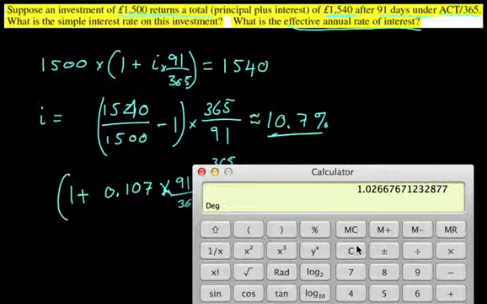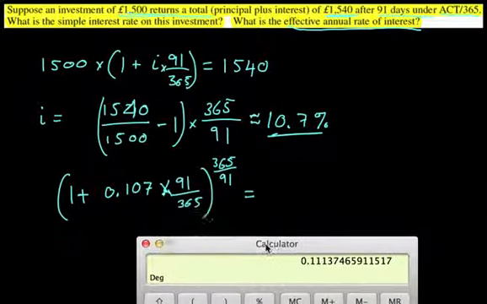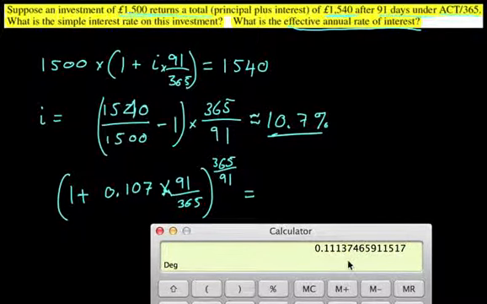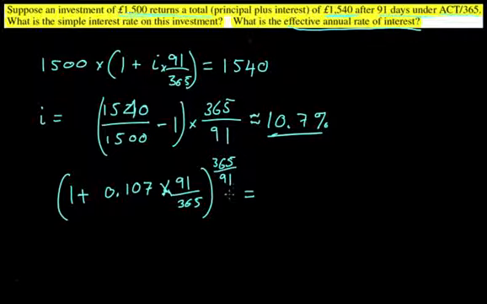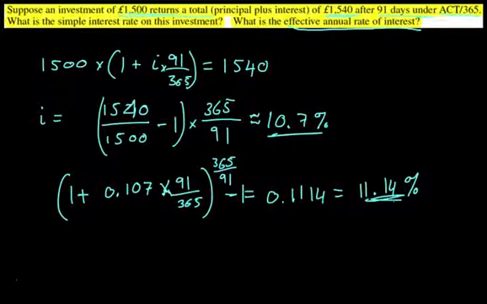We'll add on 1, and that's our number, and then we put it to the power of 365 divided by 91. There you go. And then we've got a minus 1, which I didn't say that we would do. So that is 11.1314%. So there should be a minus 1 there, and that's going to become 11.14%. Okay, now, this is correct, though there's a tiny bit of rounding error over here.